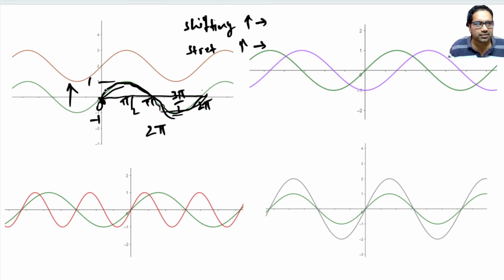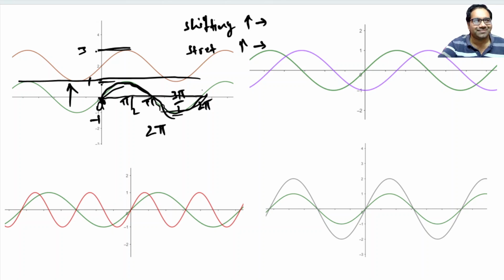This is actually shifted upwards. This 1 has become 3, right? This point is actually 3. This is 1 and this is 3. Basically, this 0 has shifted to this point, which is 2.